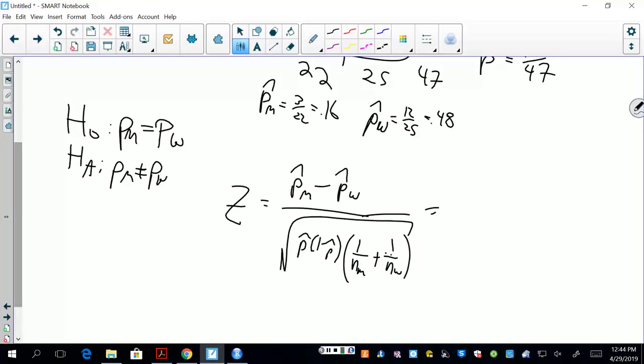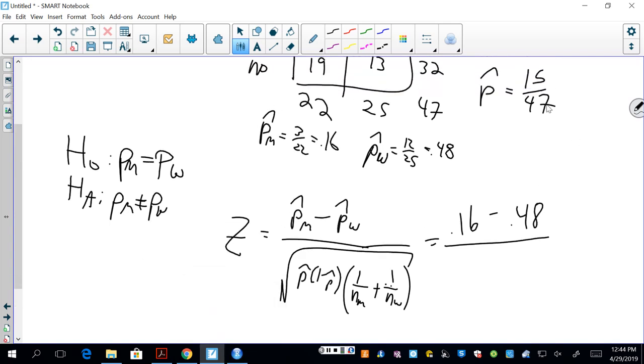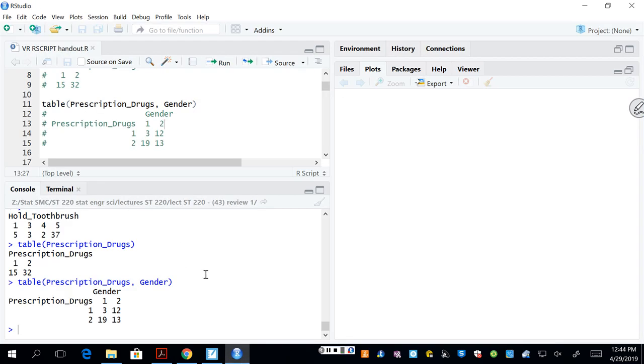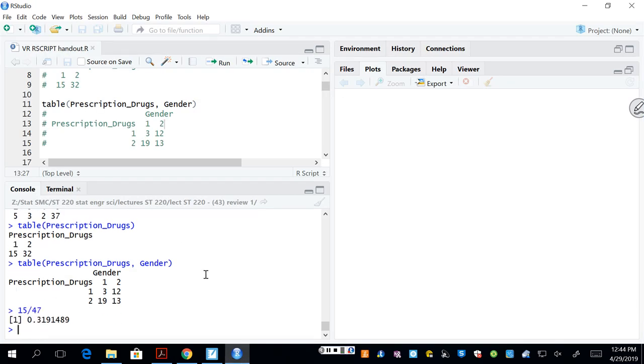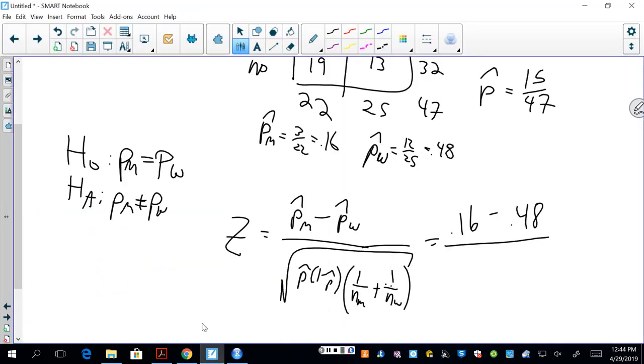So 0.16 minus 0.48, and do I have the overall rate? I did some calculations, but I didn't do exactly what I needed. So 15 out of 47 is 0.32.